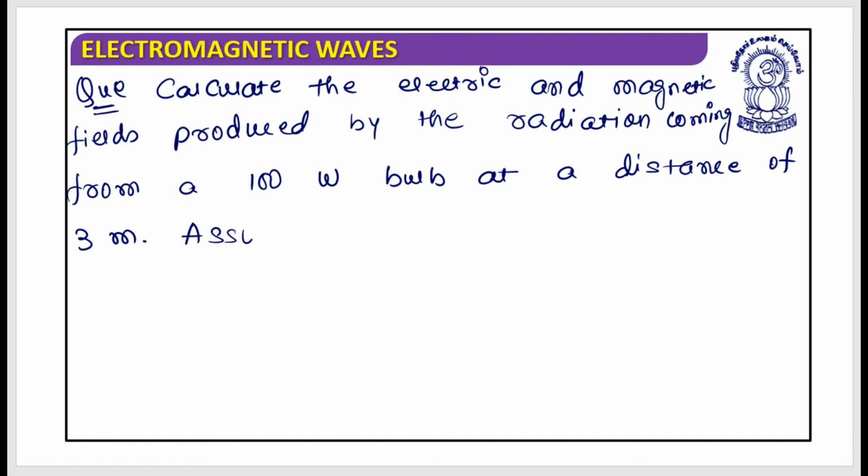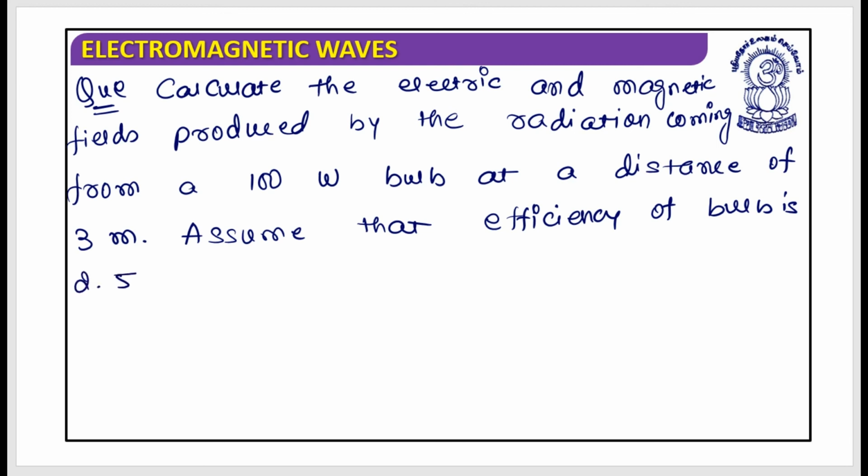Assume that the efficiency of the bulb is 2.5 percentage and it is a point source. How will you do this?